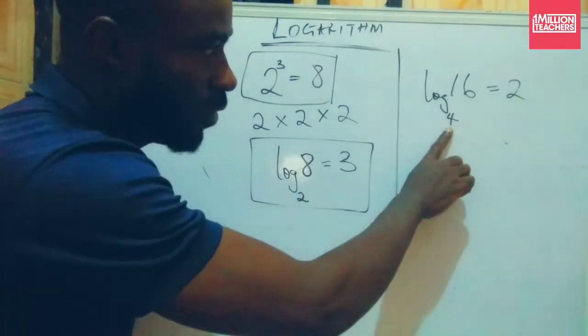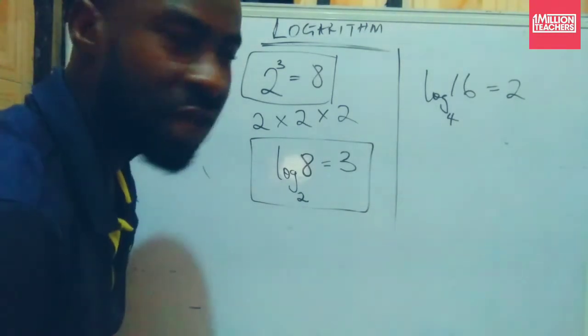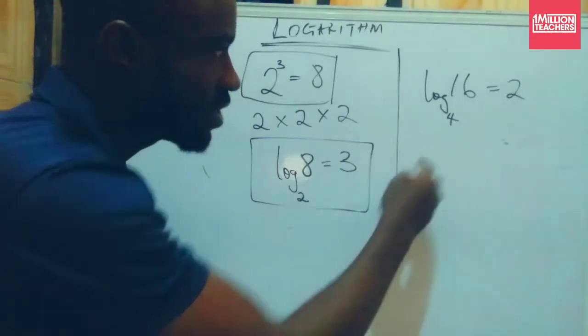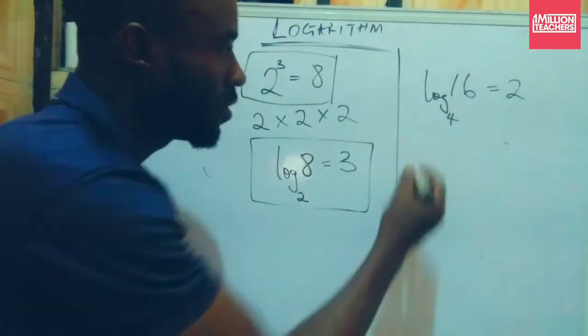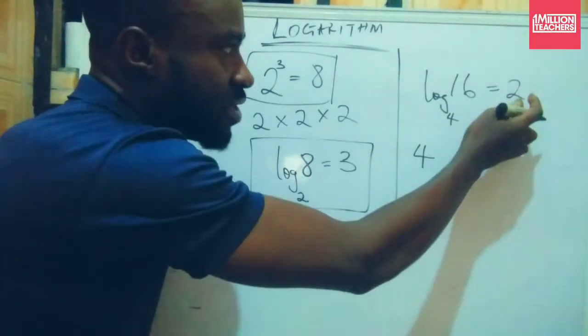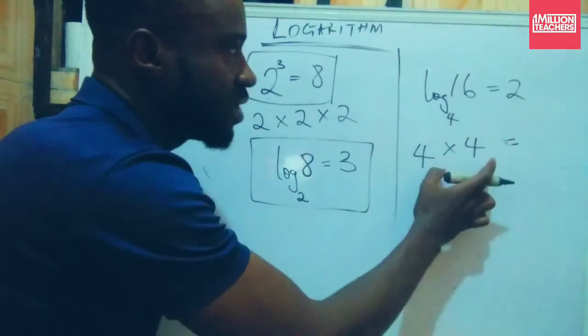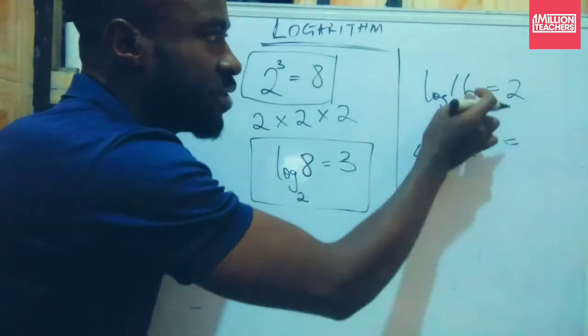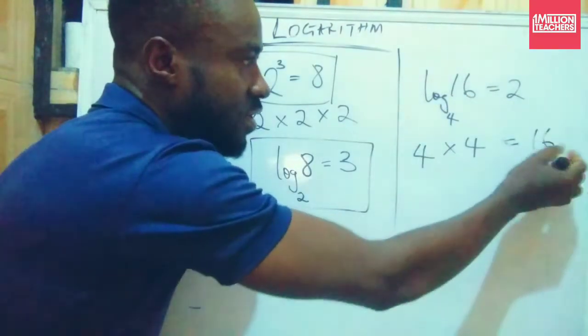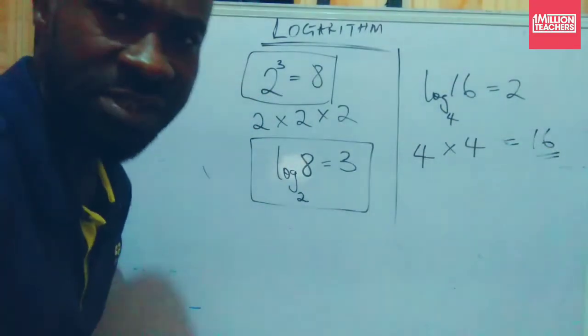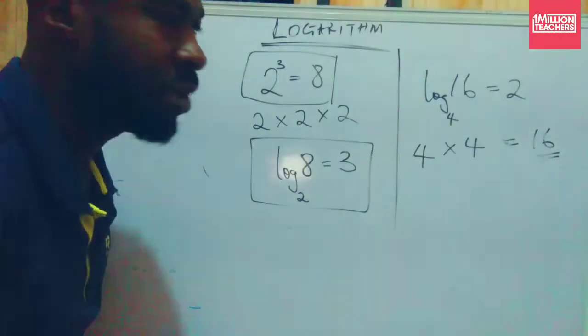Since the base is 4, this simply means that 4 is timesing itself 2 times. So 4 times 4, and if it times itself 2 times, it's going to give us 16. So that is what logarithm is all about.